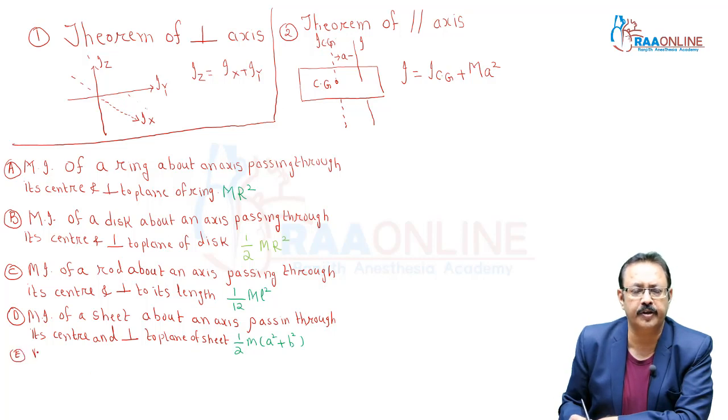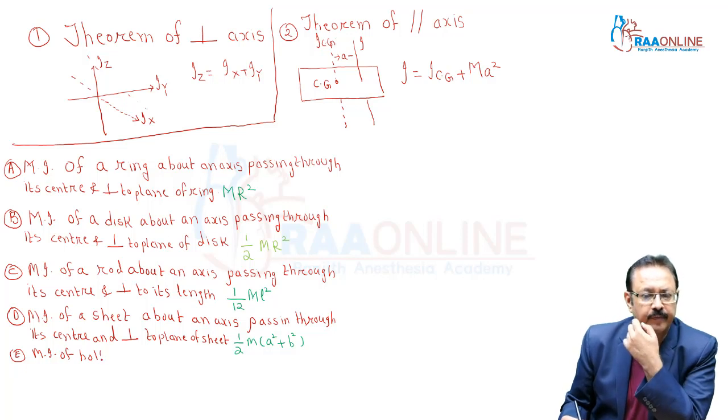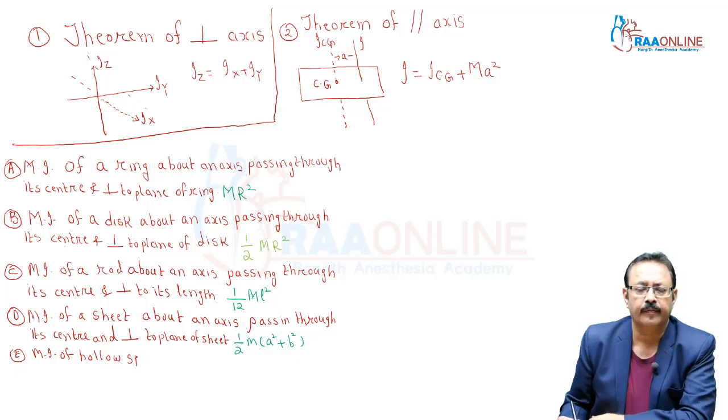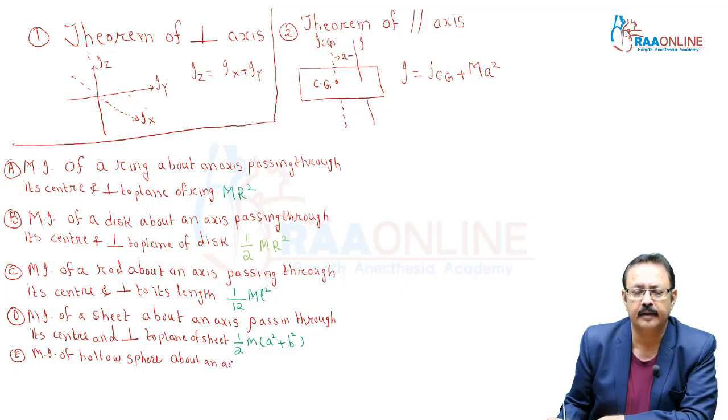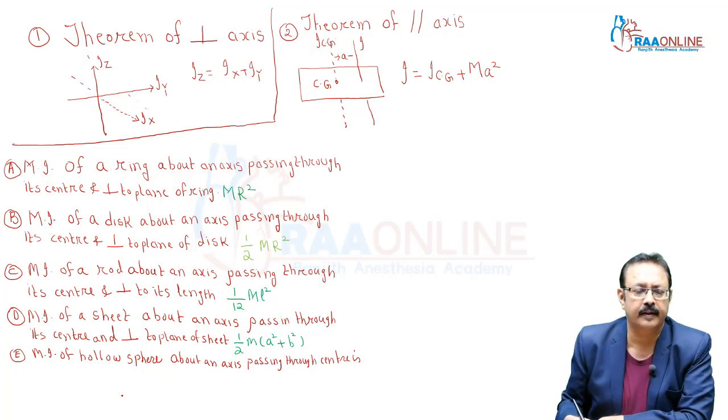Next, the moment of inertia of a hollow sphere about an axis passing through the center is 2 by 3 m r square.